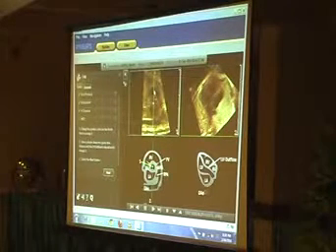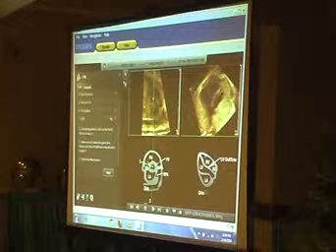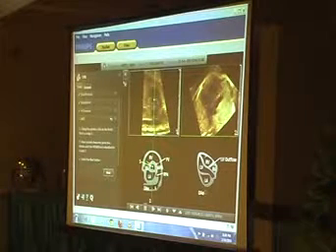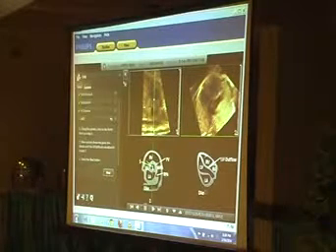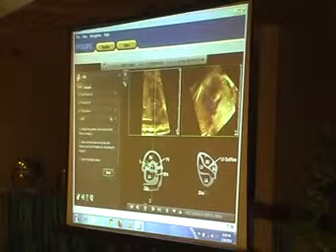Now we move this point. You see all the guidance is given here. So where do you have to keep your pointer? The machine guides you.